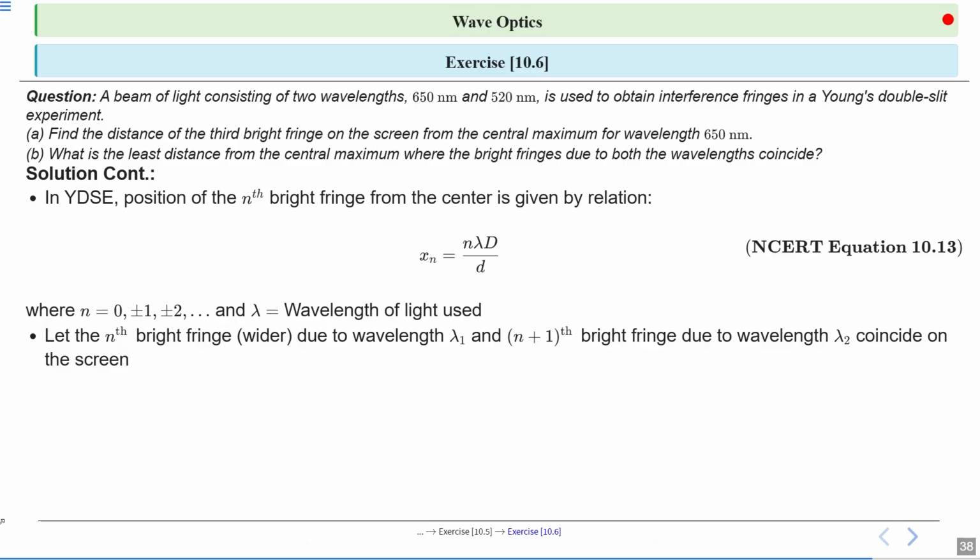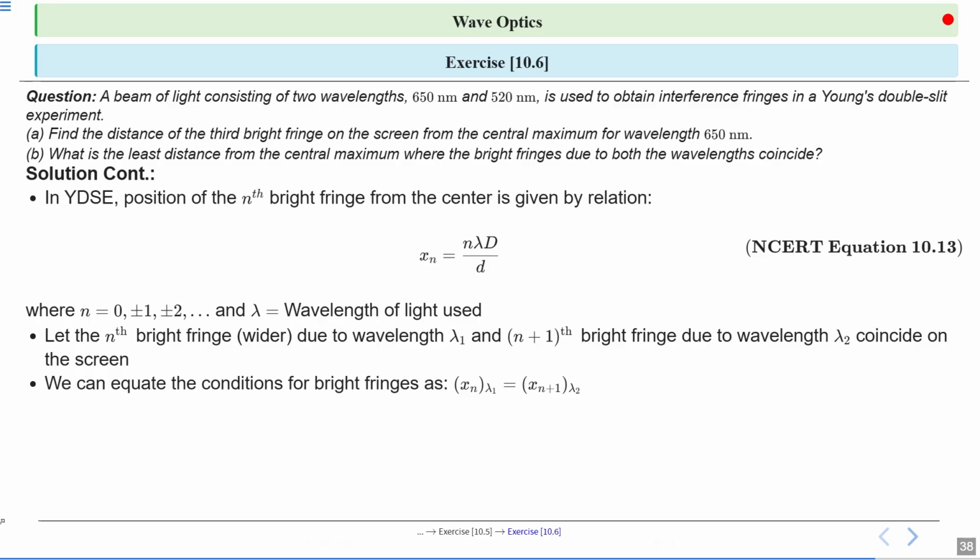So consider when bright fringes from different wavelengths coincide. We assume that the nth bright fringe for one wavelength, that is lambda 1, coincides with the n plus 1th bright fringe for another wavelength, that is lambda 2. So a higher order bright fringe due to lambda 2 is coinciding with the lower order bright fringe due to lambda 1.